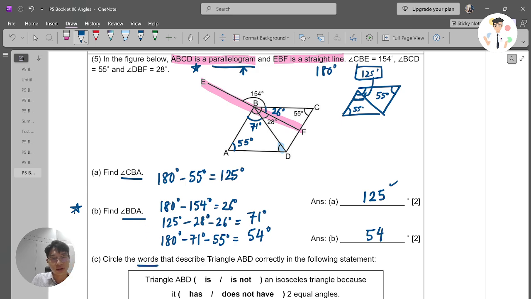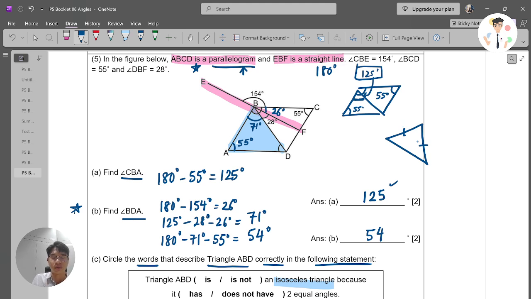Okay? Now let's look at part C. Circle the words that describe triangle ABD correctly in the following statement. So now you need to look at this triangle and try to describe the situation. Triangle ABD is, or is not, an isosceles triangle. Now, what are the features of an isosceles triangle? Isosceles triangle means that either two sides are the same, either here, or here, or whatever.